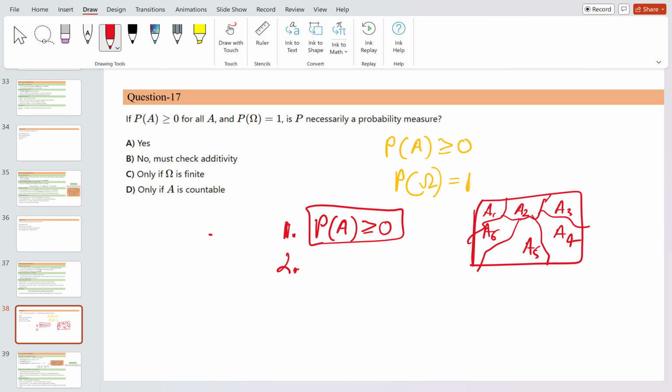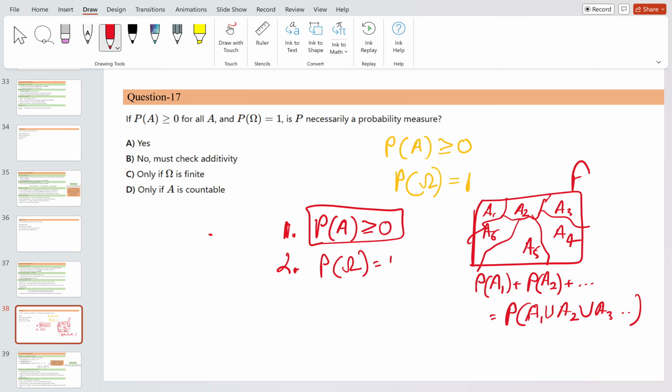All these sets of the sample space F are disjoint sets, and when you add up the probabilities, the probability of A1 plus probability of A2 plus dot dot dot is simply equal to the probability of A1 union A2 union A3 dot dot dot. When all the subsets are there and you normalize it, the summation will be equal to 1.